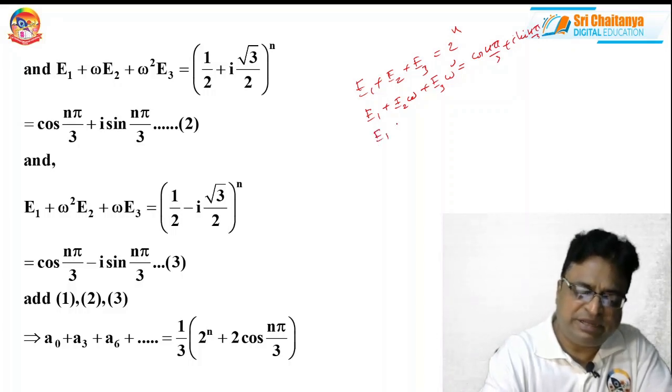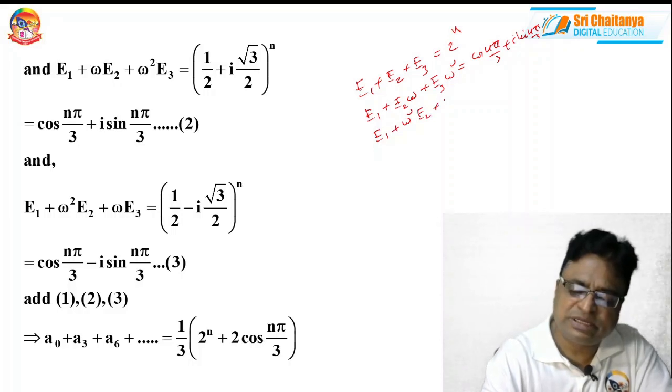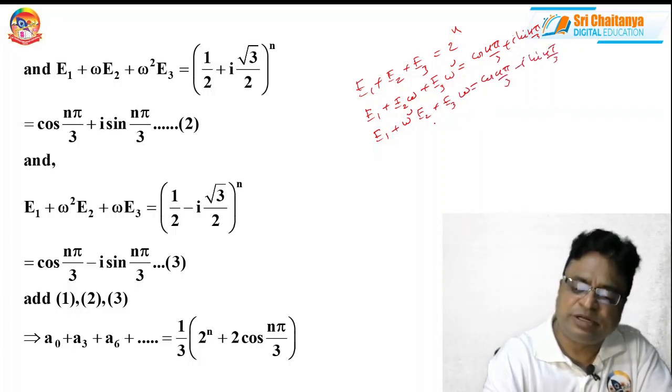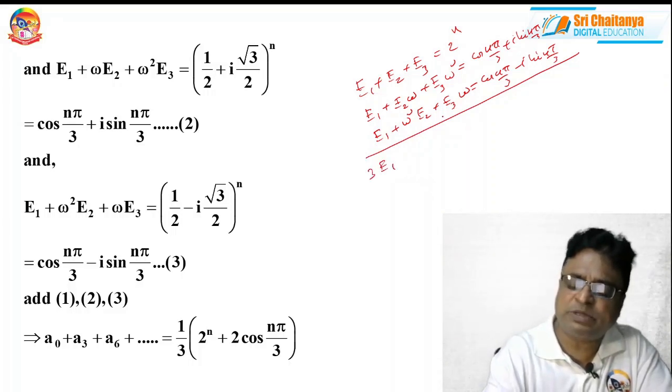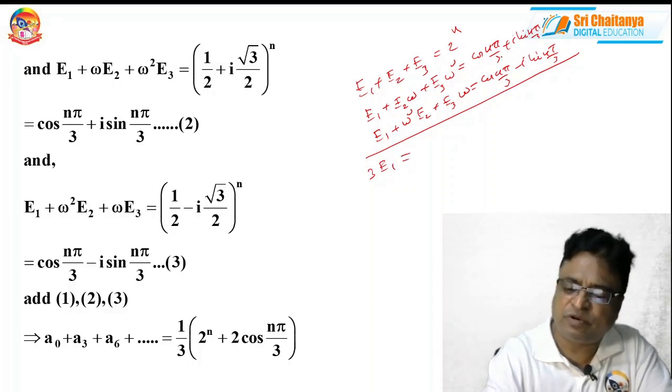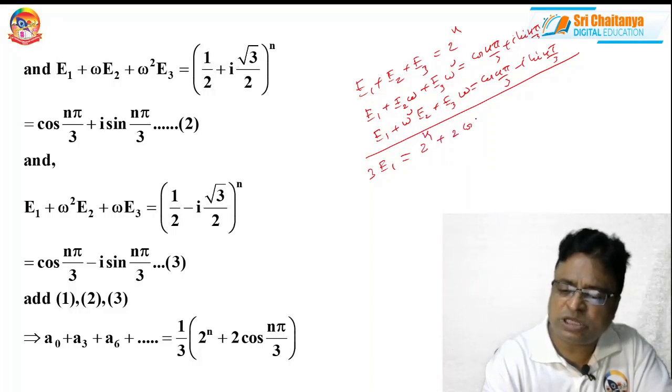Next, E1 plus omega square E2 plus E3 omega equal to cos n pi by 3 minus i sin n pi by 3. Add. By adding, this is 3 E1, because if I have taken E2 common, 1 plus omega plus omega square is 0, and similarly for E3. Therefore this is equal to, by adding this, 2 power n plus 2 cos n pi by 3.